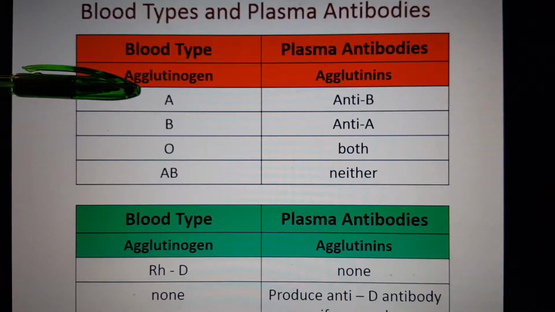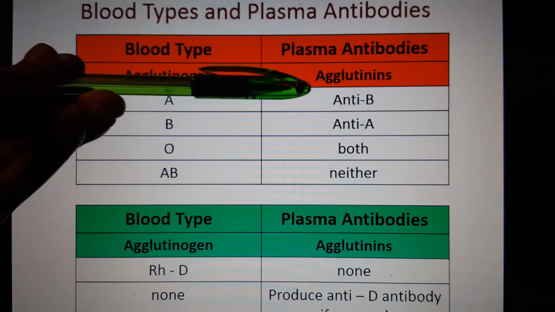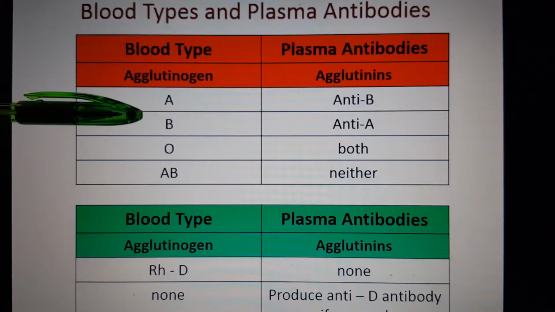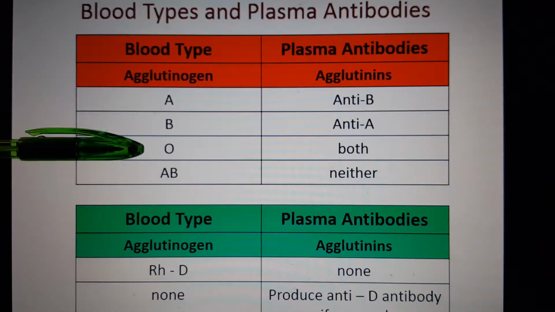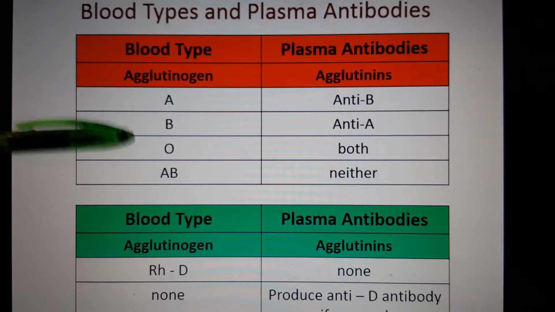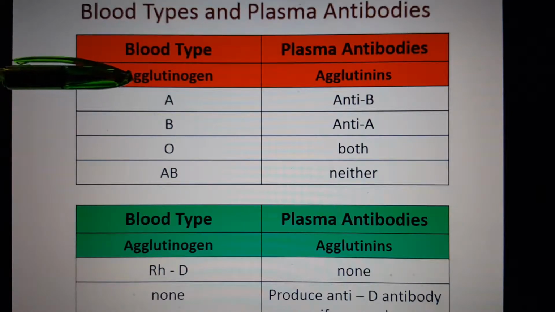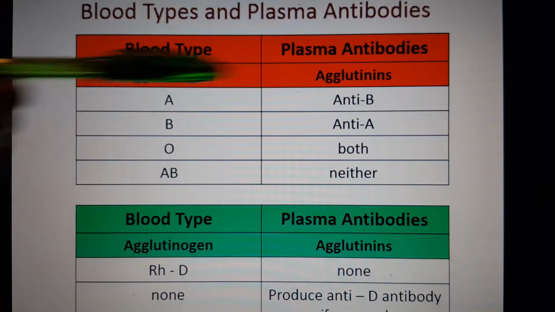Your A blood type makes only the anti-B because that's the only agglutinogen that it needs to make an antibody against, since the O blood type does not have either one.